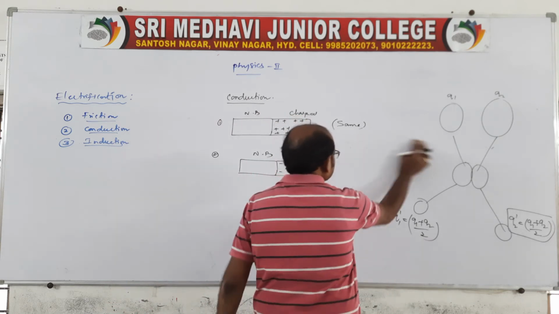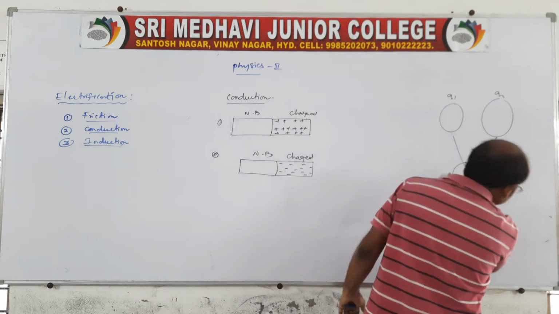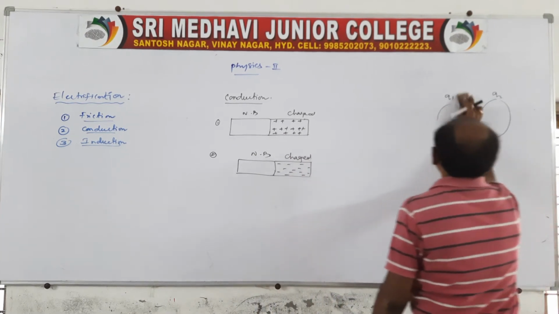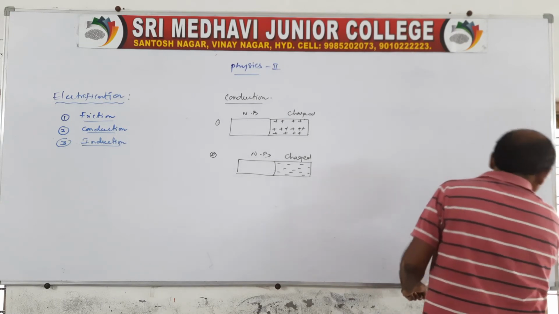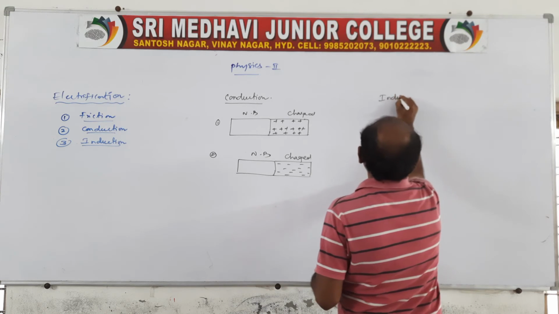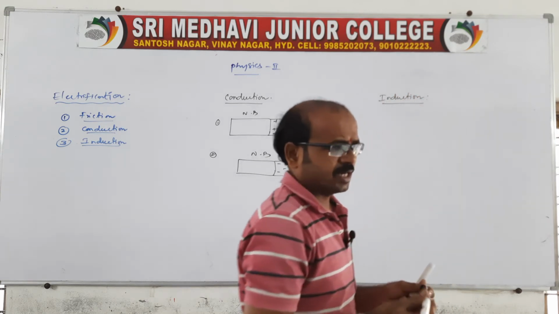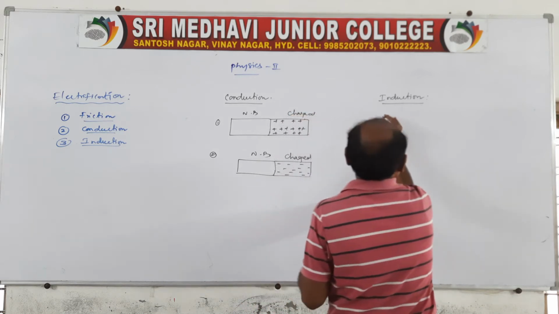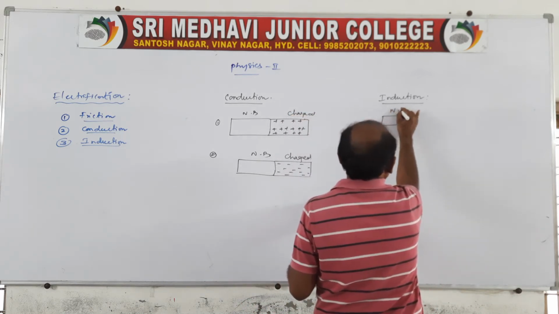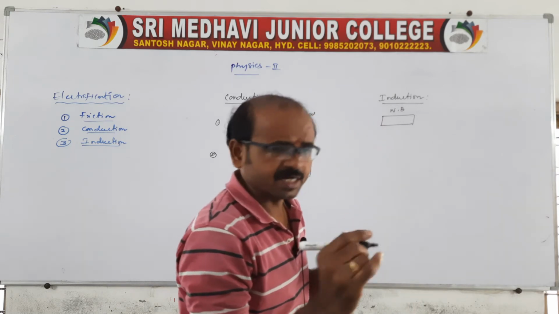Now let me tell you another one, about induction. You take the third point, the third method. By induction, you take one neutral body, that is an uncharged body, in which positive and negative charges are equally distributed.